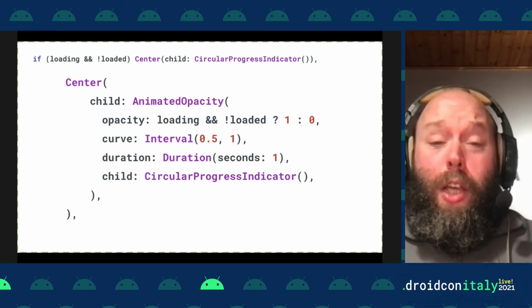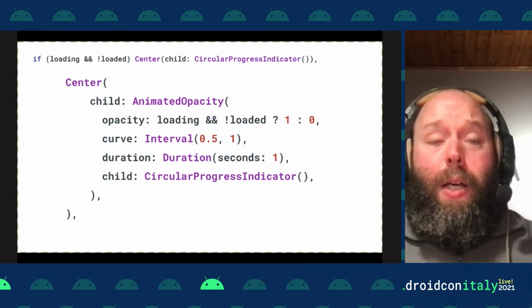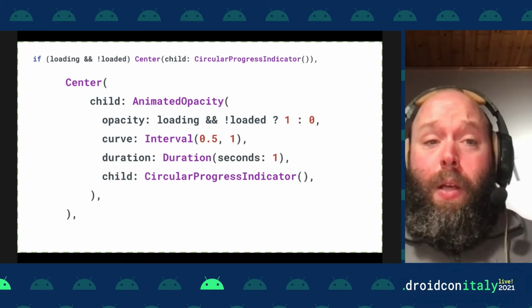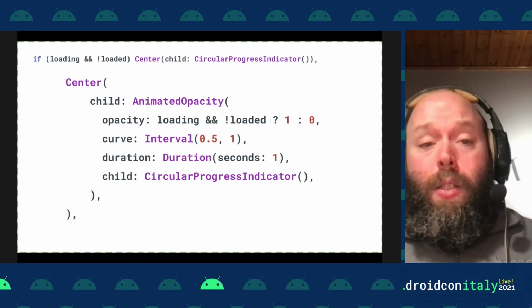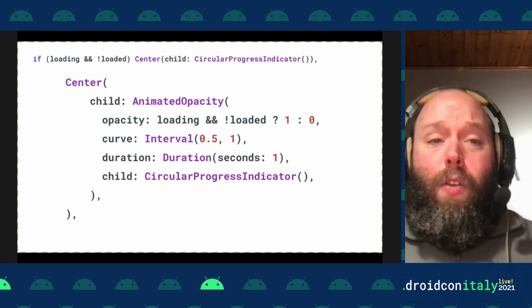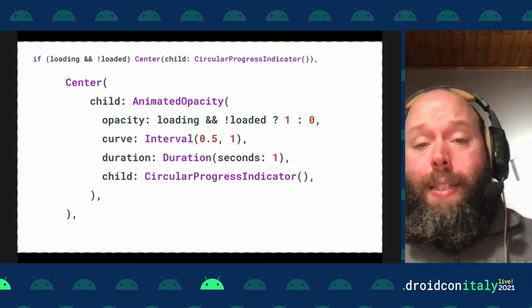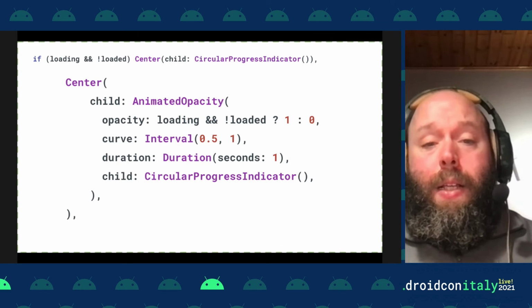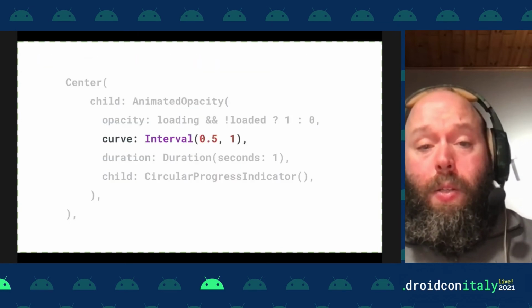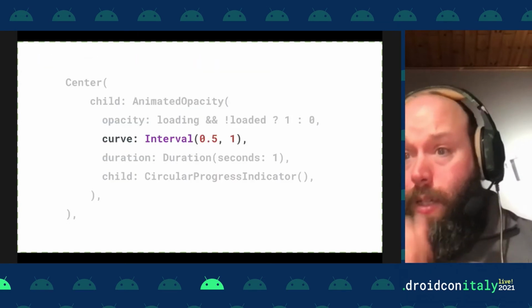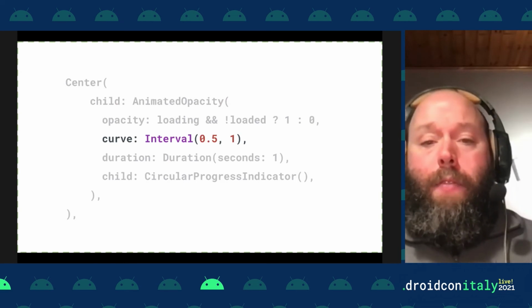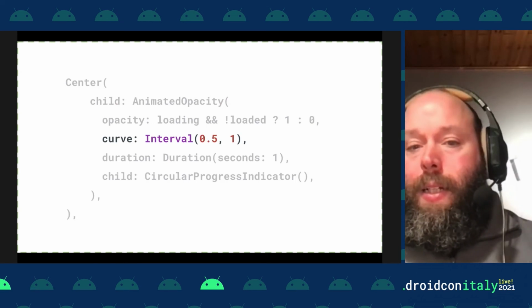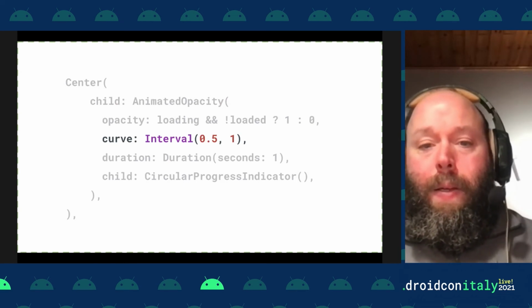Basically, we just changed where we have the logic of our check. So the check of loading and loaded is now inside the opacity with a ternary operator. Then I inserted a curve. In this case, the curve is to have the animation not starting at the start.